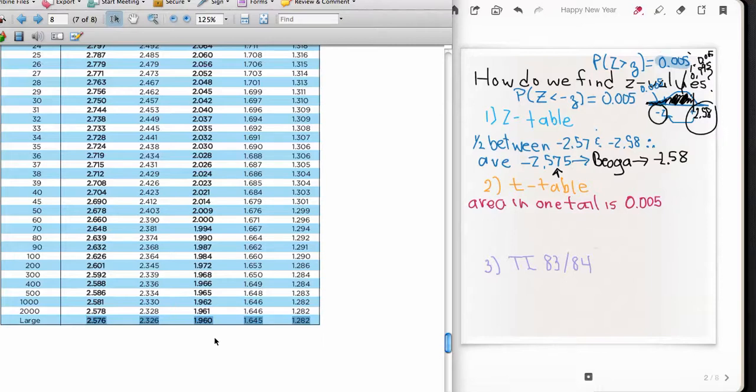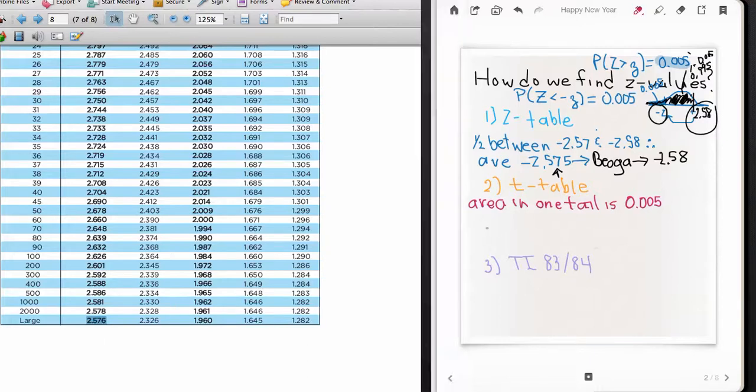These are all z-values. So this was my 0.005, and notice that value, rounded to 2 decimal places, is the one I'm wanting. So this is 2.576, and therefore it's approximately 2.58. Exactly what we got before. Now something else you notice is that the table gives you positive values, right?